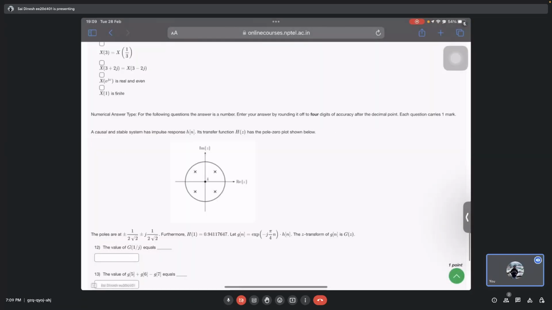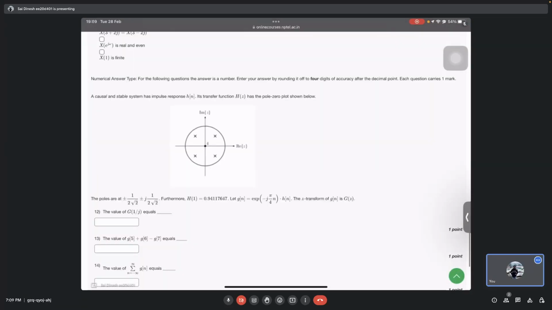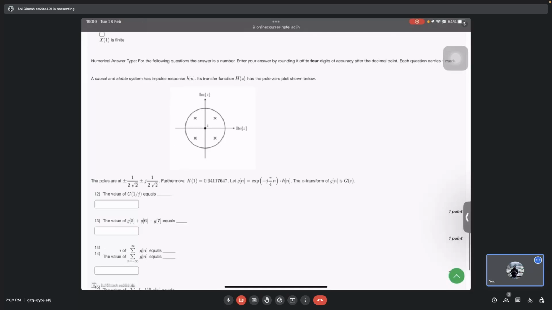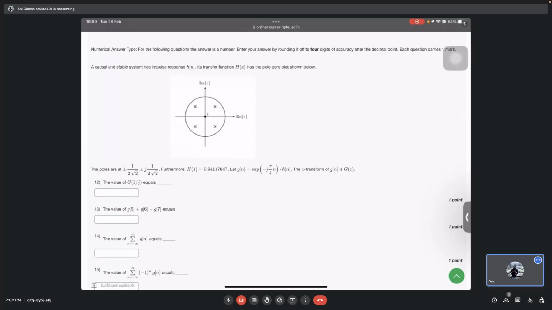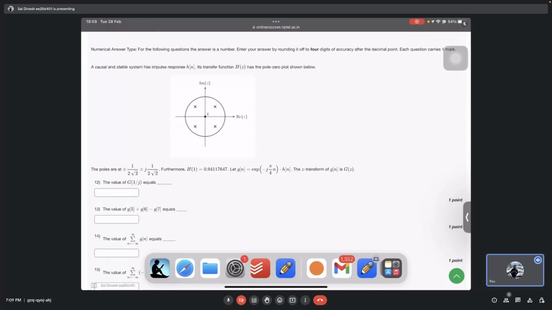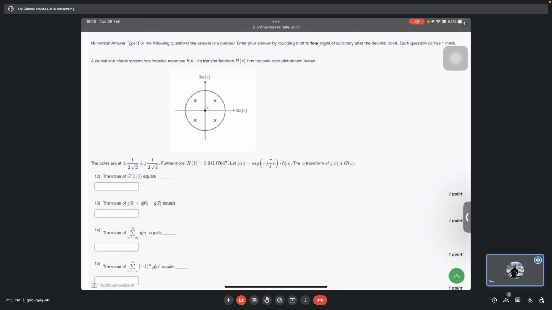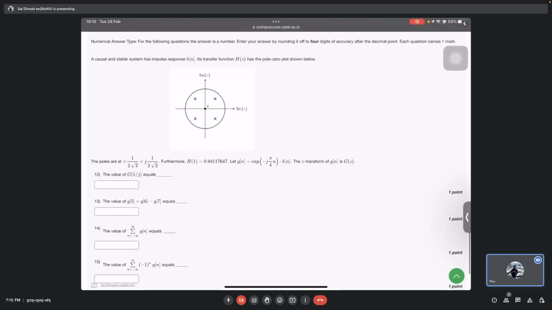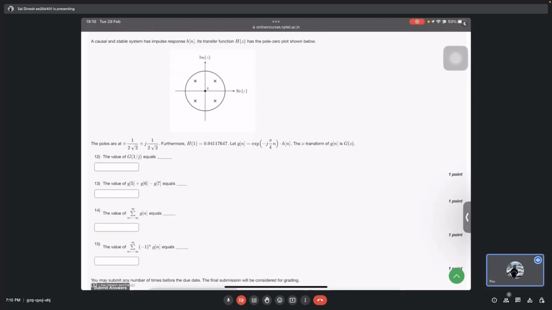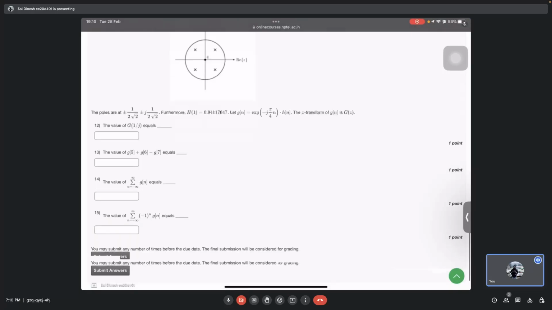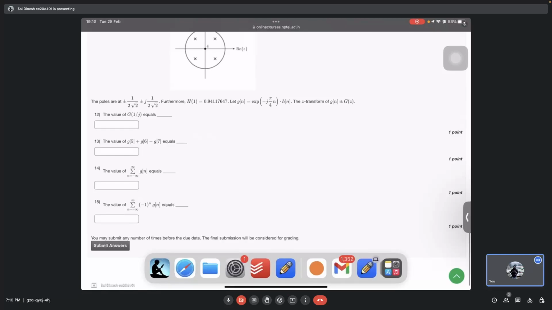No, what did he say? G of n. Okay, so not solving the exact question, I'm just doing a similar question where the values are 1 by 2 plus or minus 1 by 2. In the question it contains 1 by 2 root 2, but I'm just taking it as 1 by 2, which is how you similarly solve the question.